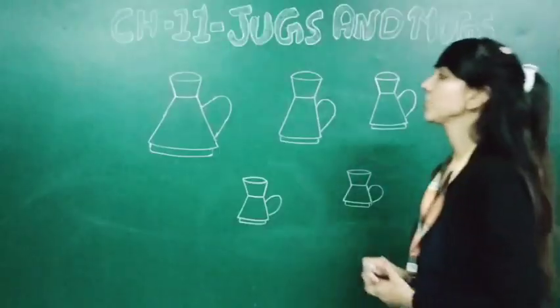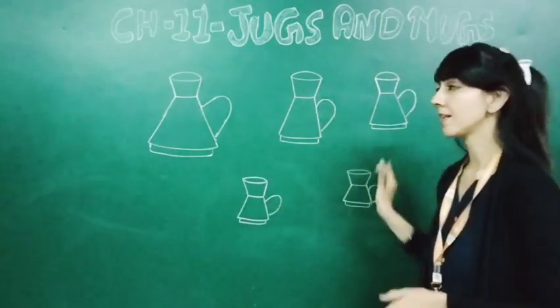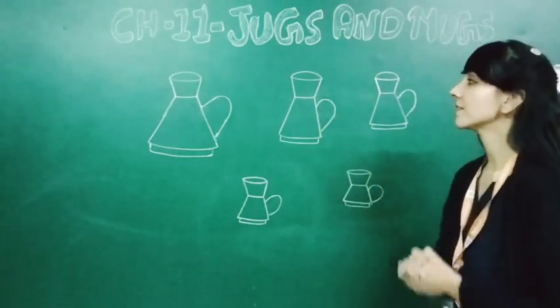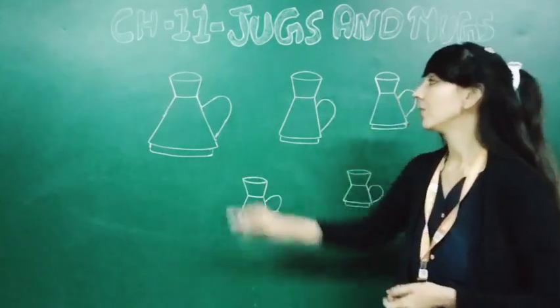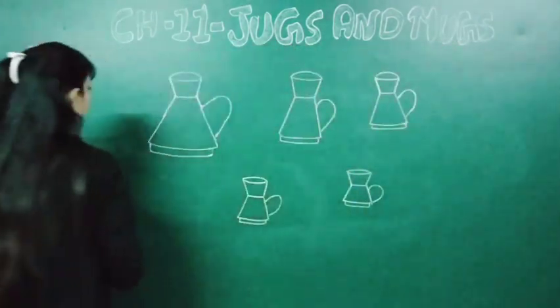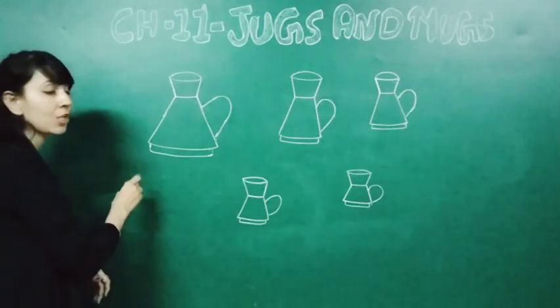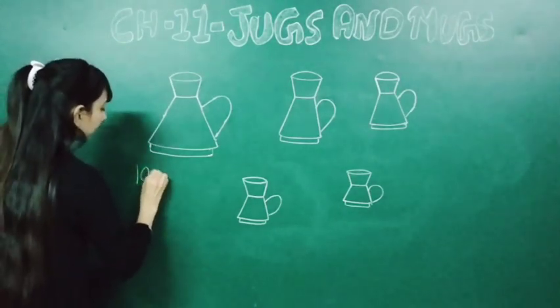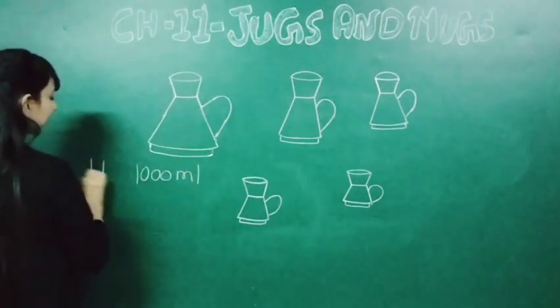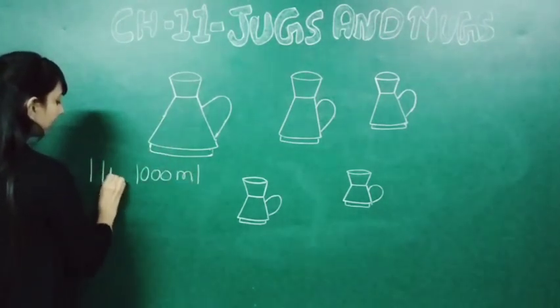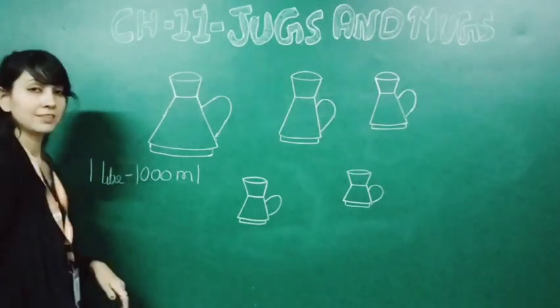Now students, here you can see some containers. These kinds of containers are used for petrol and kerosene. This bigger one, its capacity is 1000 milliliters, or as you can say 1 liter. Understood?